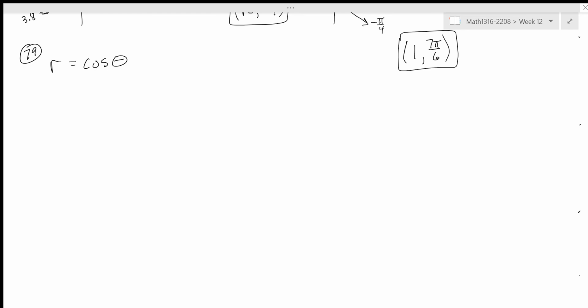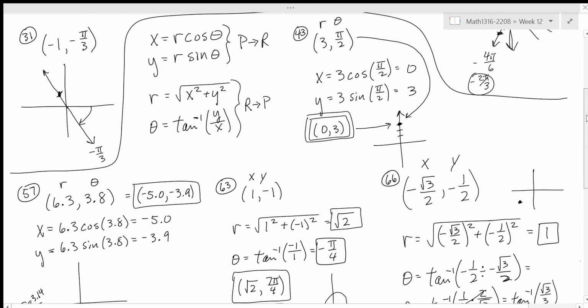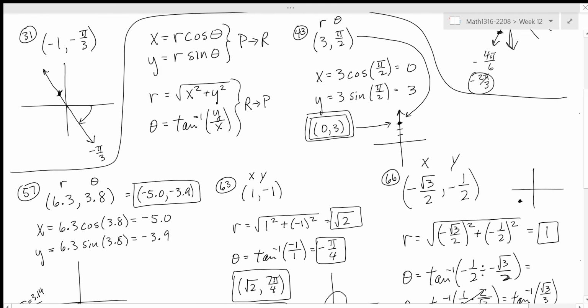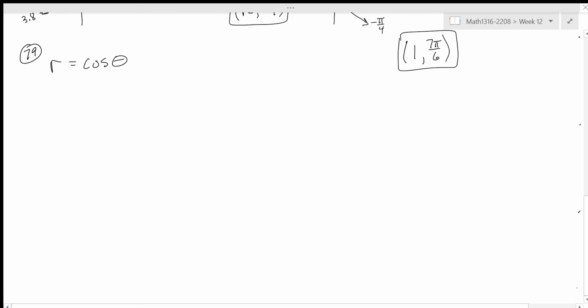So looking at the formulas that I have, there they are. Do y'all see that r cosine theta is x? If I scroll down and look at my problem, I've got an equal sign between it.